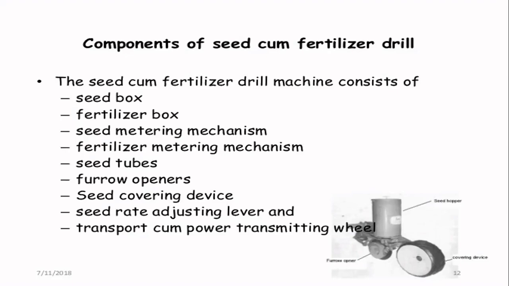Transport and transmitting wheel. So what the thing is, if you adjust the seed metering device, then speed also needs to be adjusted. The seed metering device never adjusts the speed of the seeder. The speed of the seeder is decided by the power machine.